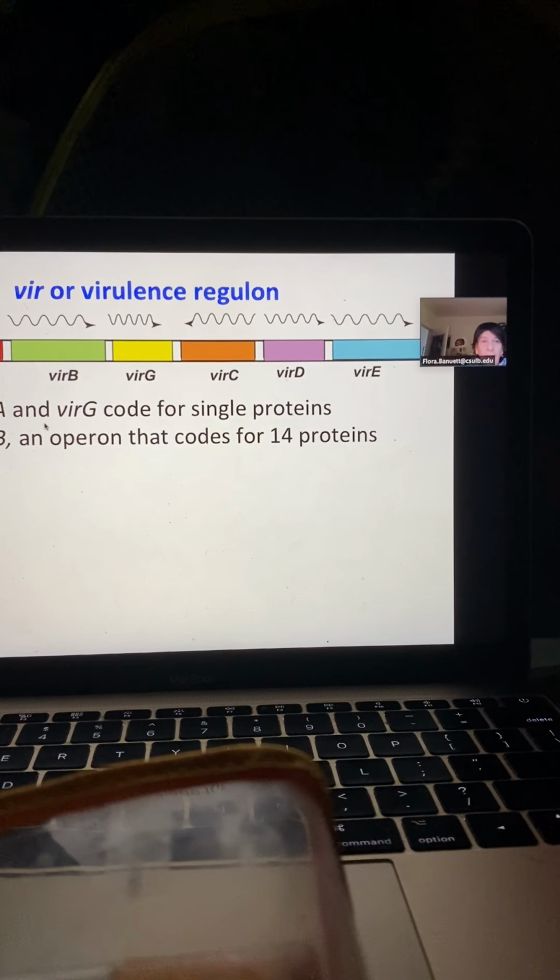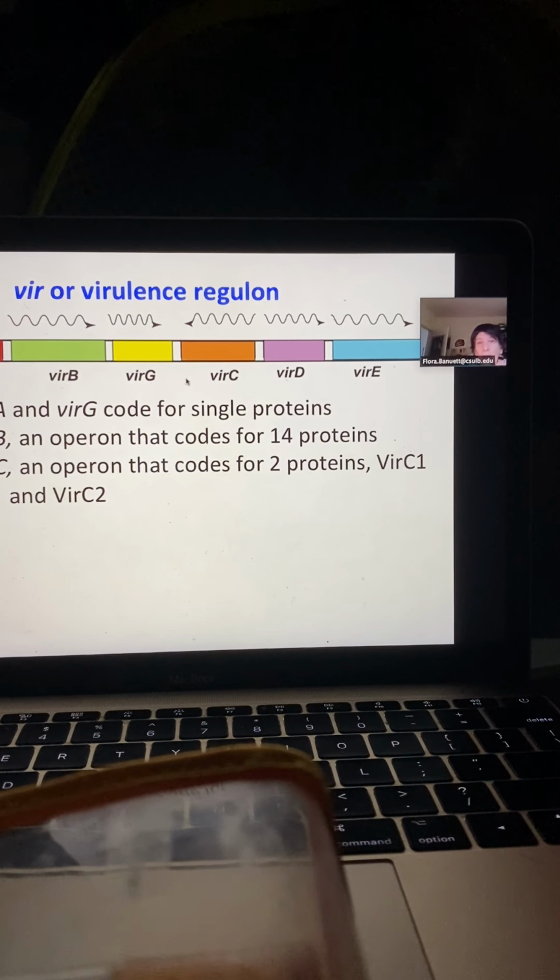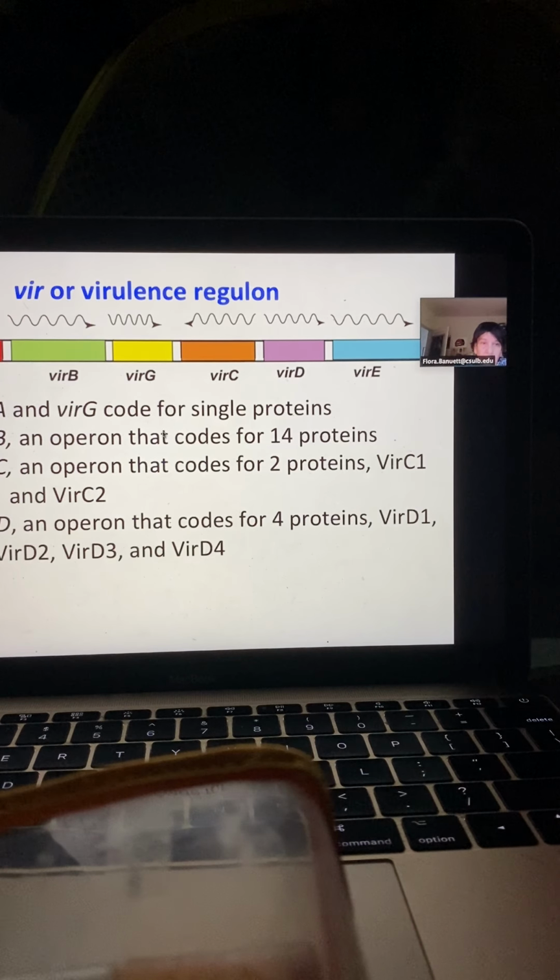virB is an operon that codes for 14 proteins. So this is a very large operon. virC codes for two proteins, virC1 and virC2. And virD codes for four proteins, virD1, virD2, virD3, and virD4. And virD4 is a very important protein, analogous to the coupling protein during conjugation.